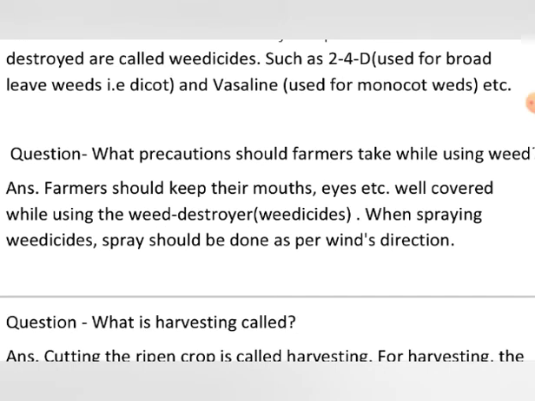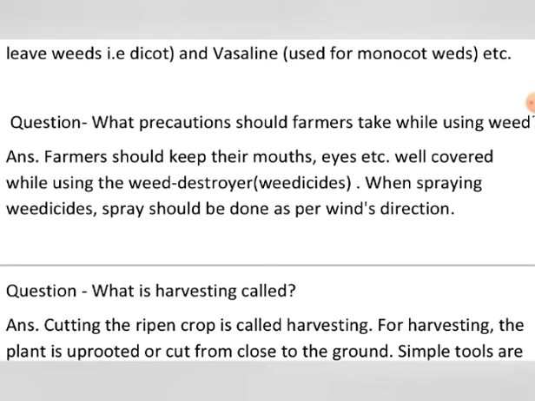Now what precautions should the farmer take while using the weedicides, these chemicals 2,4-D or vaseline? The chemicals which are sprayed on the weeds to destroy them are naturally poison or harmful chemicals. So it is very, very essential to take care in how to use them.